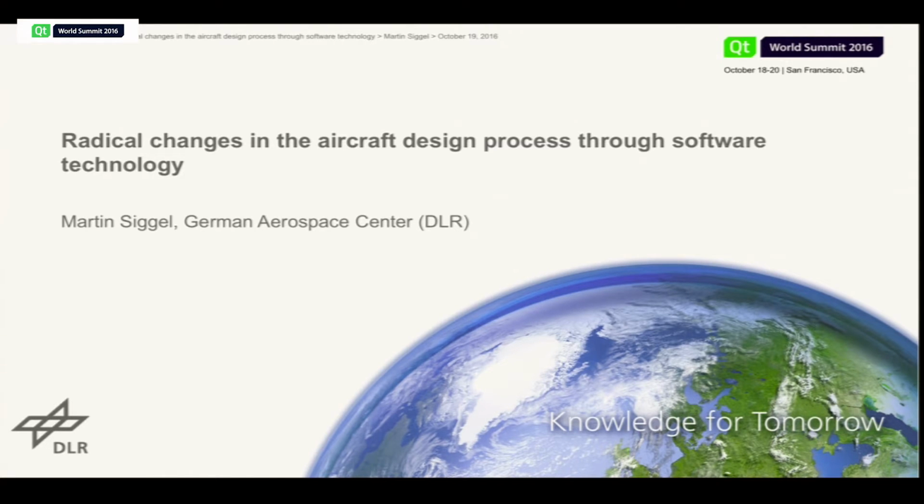I'd like to talk about how software has changed the aircraft design process in the last couple of tens of years, and it has had a large impact. I'm from the German Aerospace Center, which is kind of the German NASA, much smaller, but similar, just so that you have a rough idea.